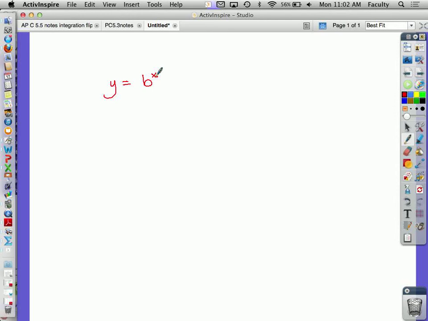It's not a power rule, product rule, quotient rule, or chain rule. So what I do is take the natural log of both sides, and when I do that, I can bring down the x, okay?